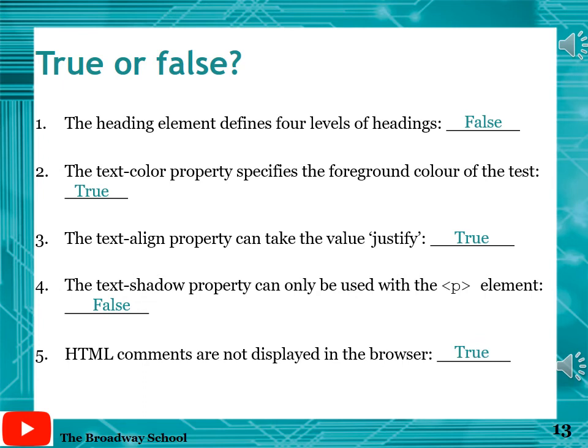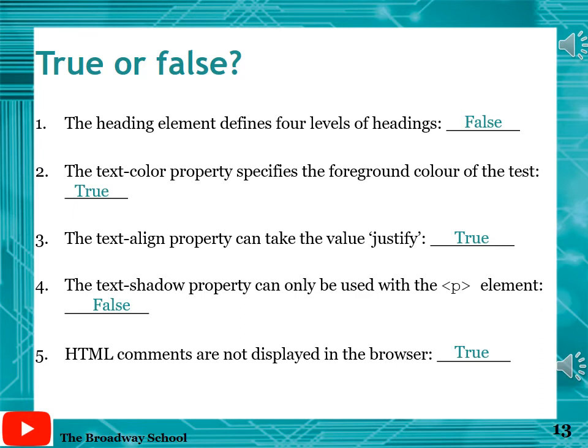True, false. Students, you have to do in your notebook. The heading elements define 4 levels of headings. False. We have 6 levels of headings, H1 till H6. The text color property specifies the foreground color of the text. True.